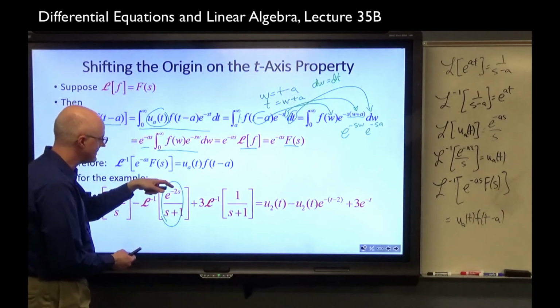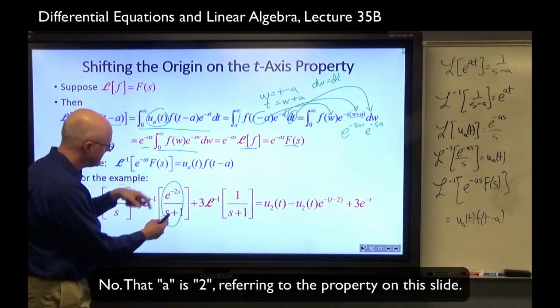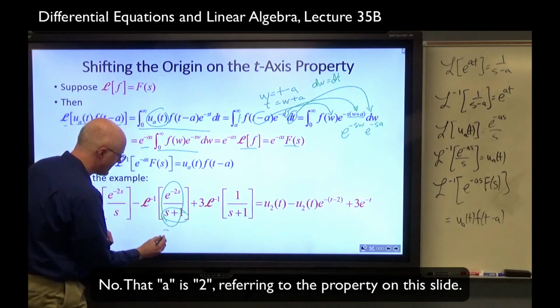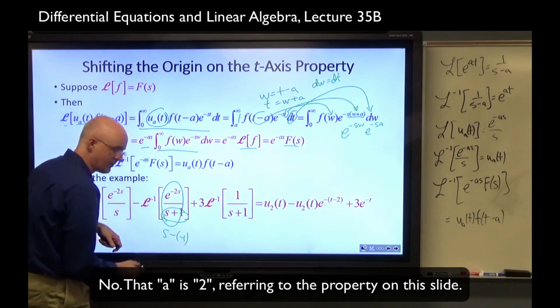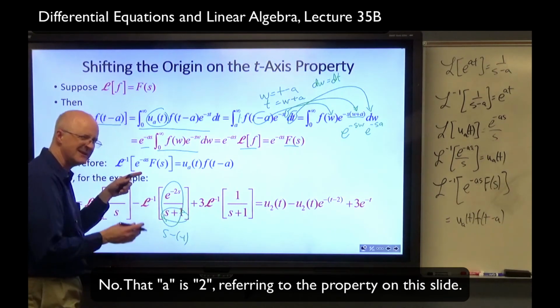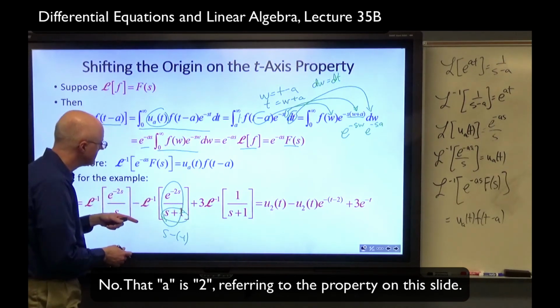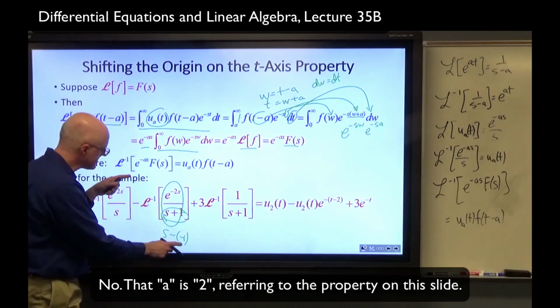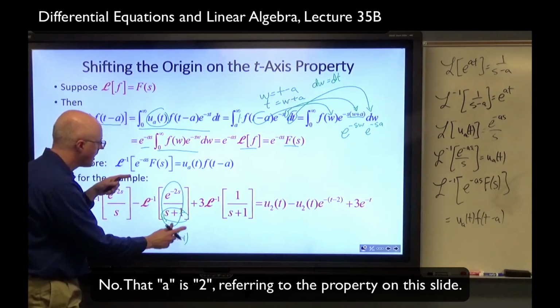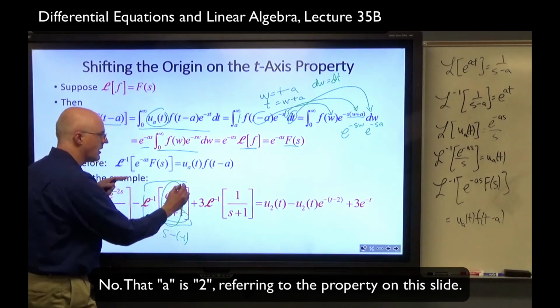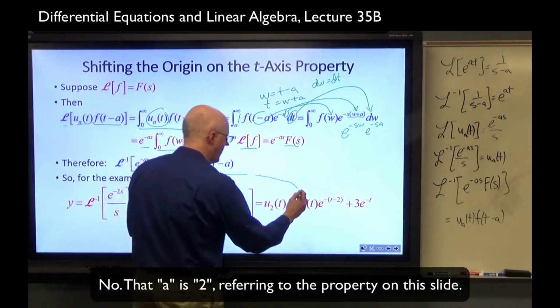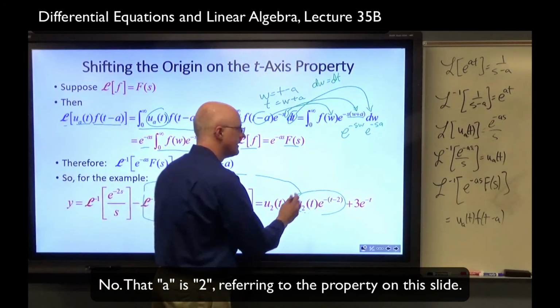This a is 2, negative 2. The a down here is negative 1 when I want to use this property. So I'm using a in two different ways, and they're different values here. To use this property, think of the a as negative 1. So when I take the inverse Laplace transform, I get this right here.